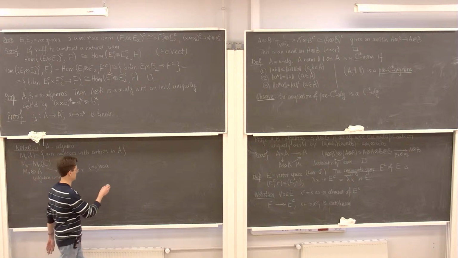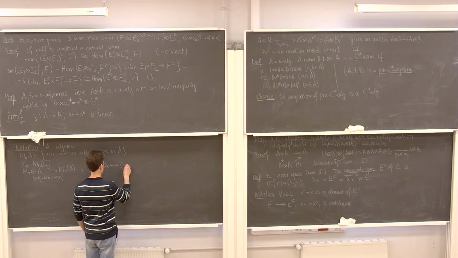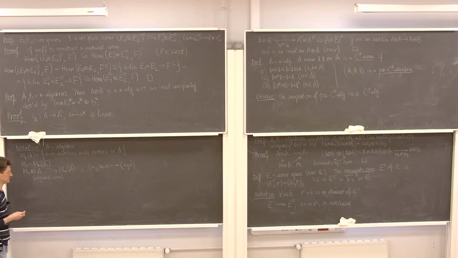And then this elementary tensor goes to the matrix alpha ij a with entries in A. It's easy to see that this is indeed an algebra isomorphism. Clearly, this is a vector space isomorphism. This is quite standard, but a simple calculation shows that this is an algebra isomorphism.